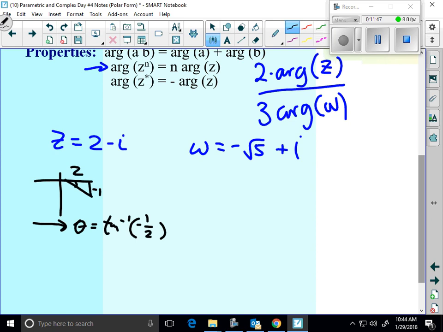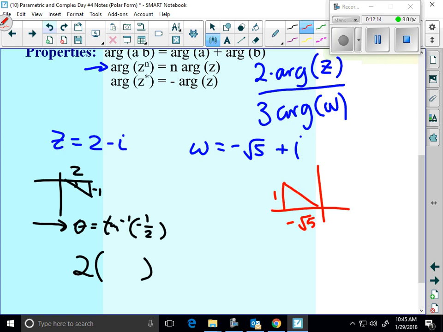But I want the argument of z squared up here, which I would just take 2 times the argument of z. So I'm going to take 2 times whatever this is. Somebody do that calculation quick for me. Okay, and then over here, w, I'm going to locate this. This is in the second quadrant, I believe. So I'm going to go left root 5 and up 1.